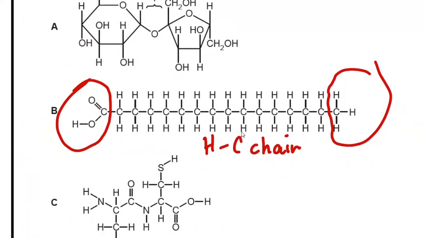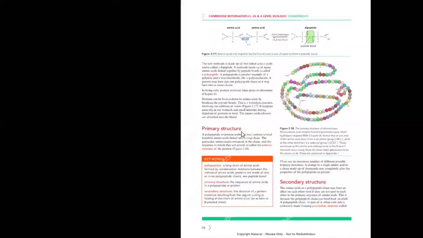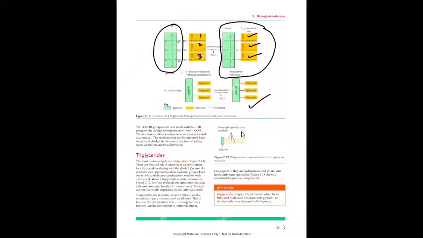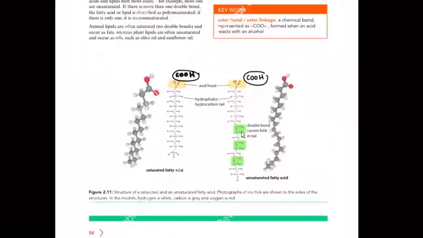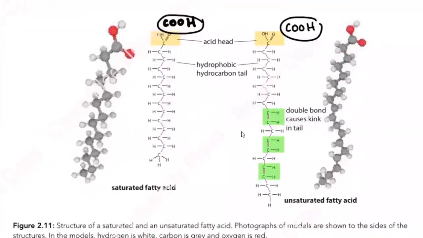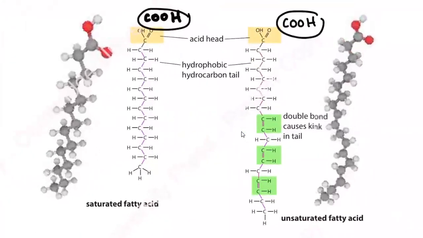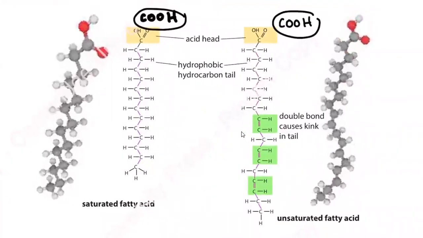So we can always go back and check our concepts. Let's go back and see the textbook over here. The textbook shows us this diagram, for a saturated versus an unsaturated fatty acid. Can you see the carboxylic acid group? Yes, miss, I can see.